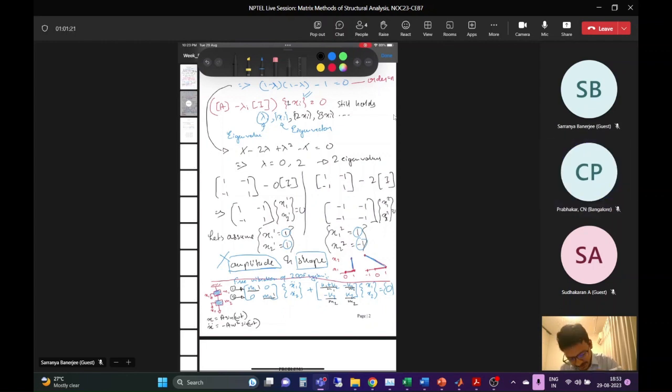If this is possible, then let us assume this to be A. Now this first equation is nothing but this.